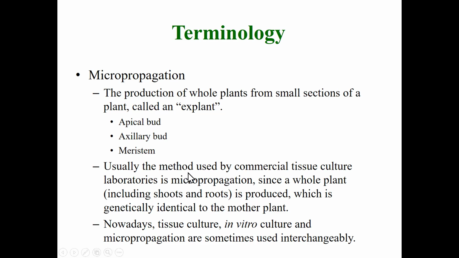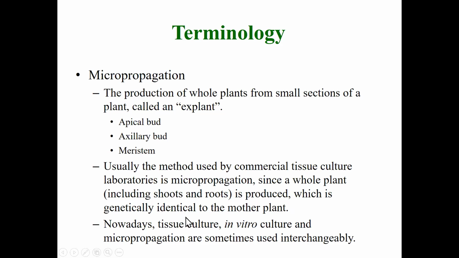Usually the micropropagation method is used by commercial tissue culture laboratories. And since a whole plant, including shoot and roots, is produced, which is genetically identical to the mother plant. This is a very interesting point. Tissue culture is like a vegetative propagation method because here no sexual recombination takes place.